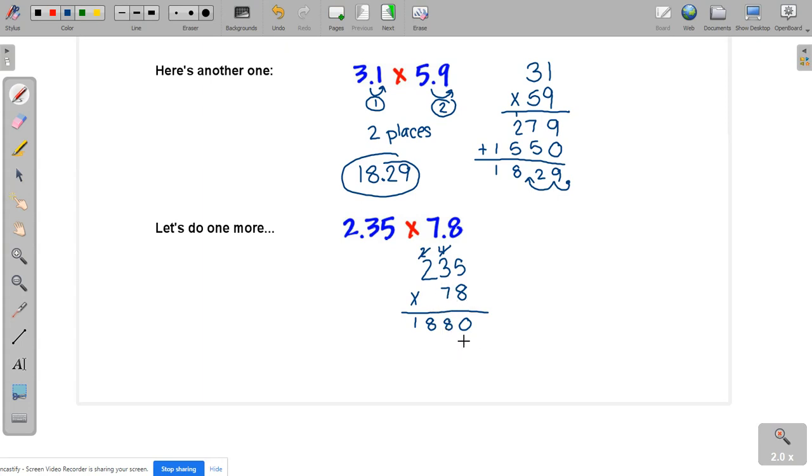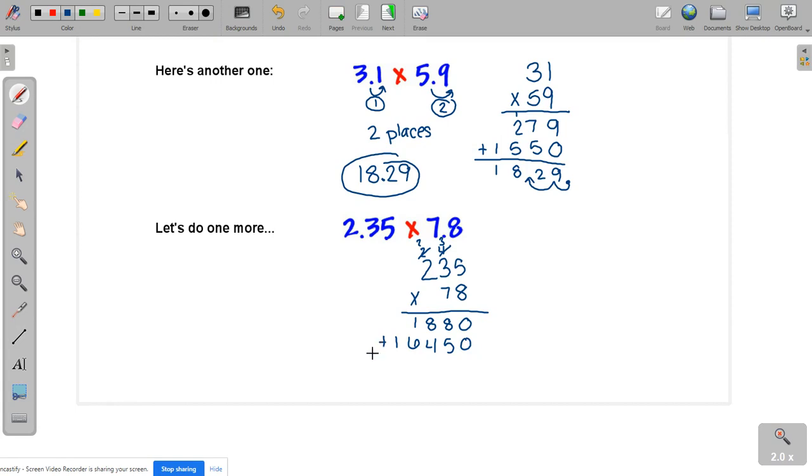So now we go to the 7. We drop a 0 and multiply. 7 times 5 is 35. 3. 7 times 3, 21 plus 3 is 24. 7 times 2 is 14 plus 2 is 16.